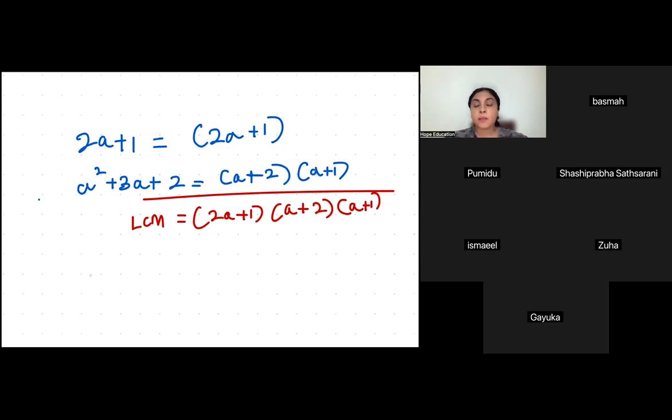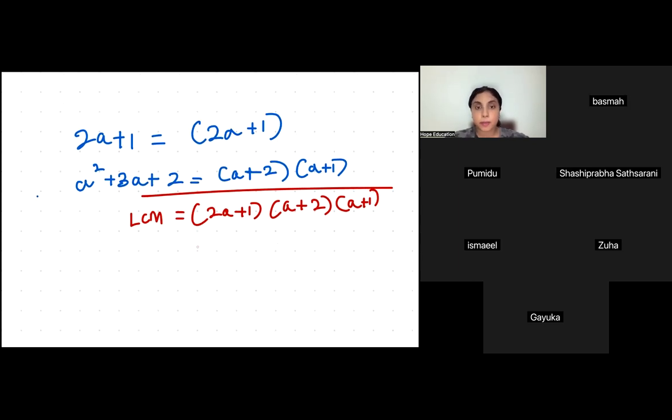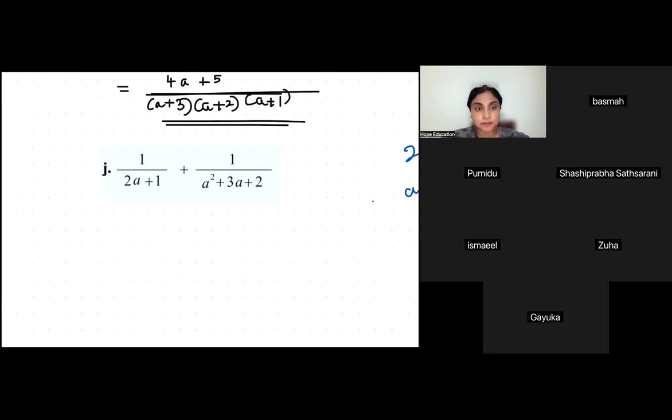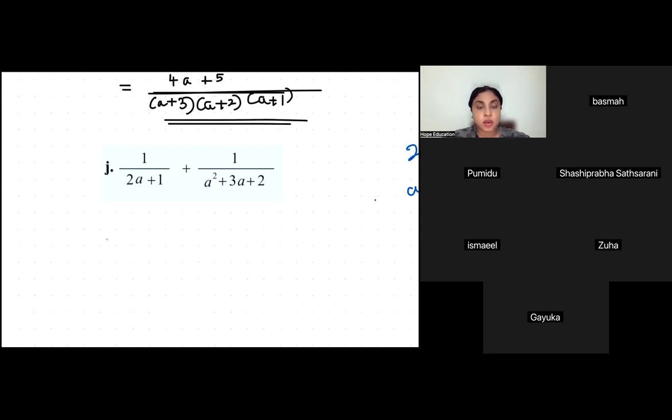So this same LCM, we are going to take it to the denominator, right? 2a plus 1, a plus 2, a plus 1, sorry. So the denominator is 2a plus 1, a plus 2, a plus 1.